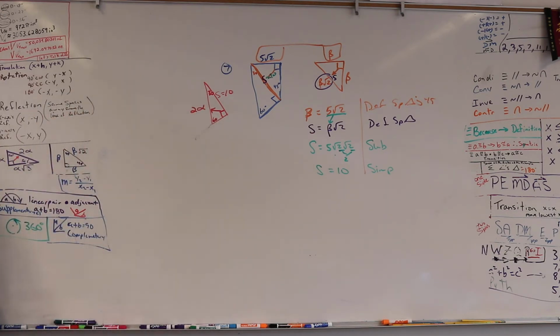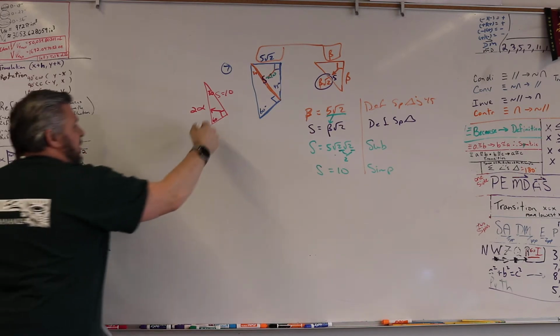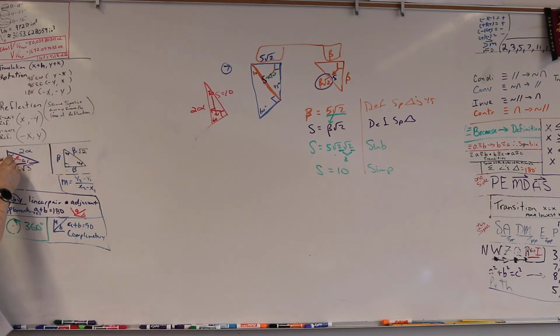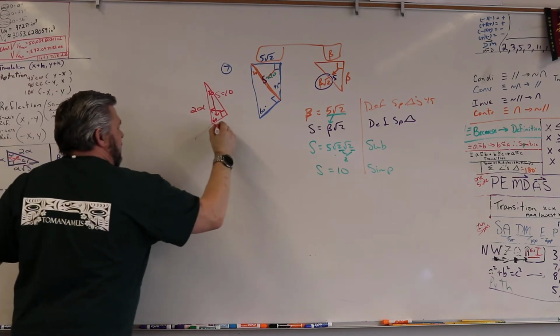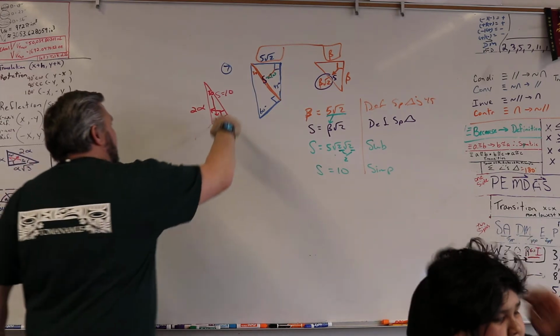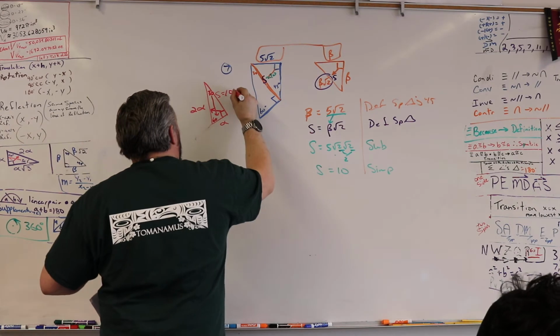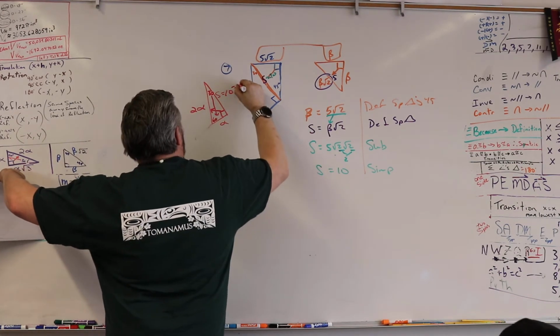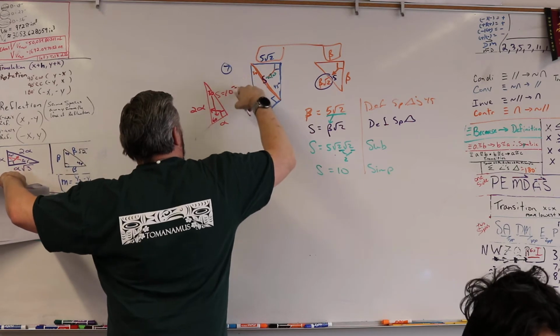You're doing the other triangle. So now, what is across from the 30? Across from the 30 is alpha. And that means that this 10 is actually equal to alpha square root 3.